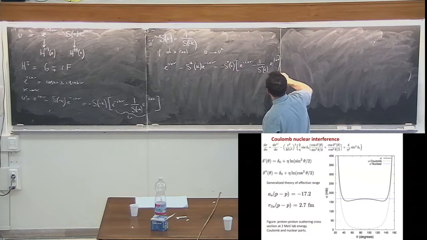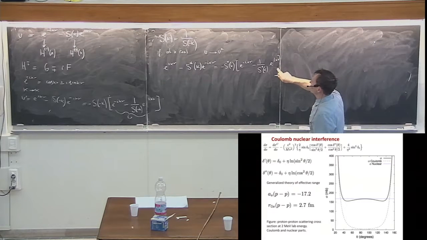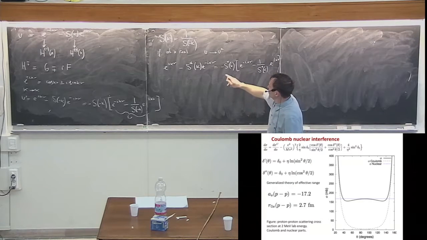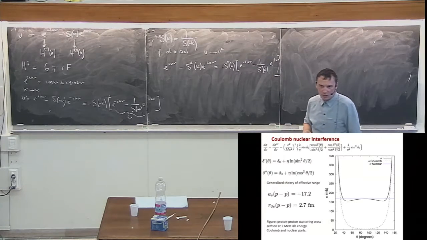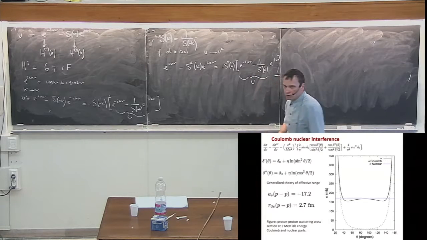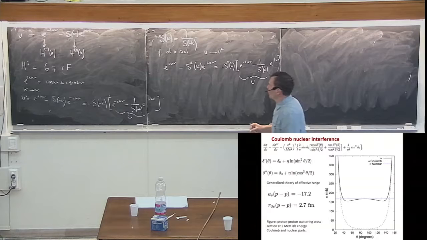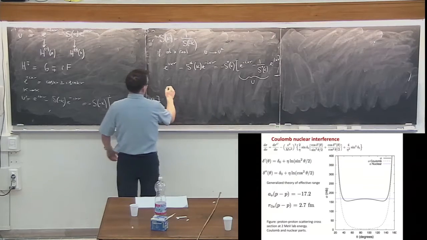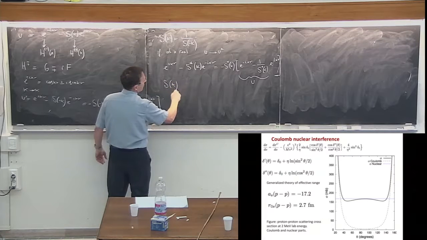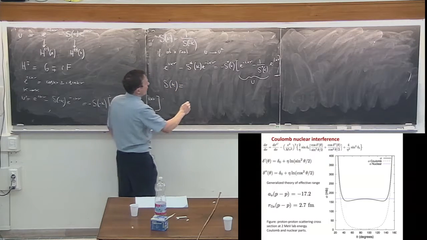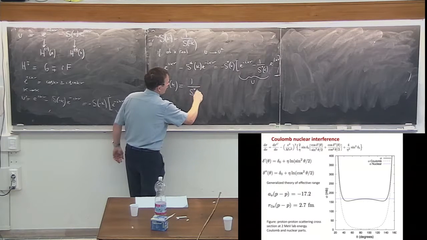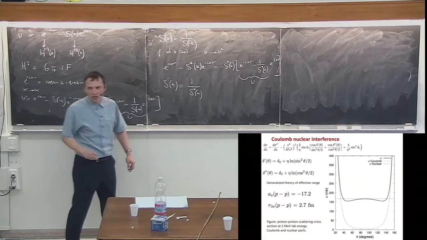And this is this. Okay, so this is my new complex conjugated function, but again it has to be the same. So again, this term is the same as my u. So what I will then learn is that on the real axis, S of k equals 1 over S star of k. But this is only if k is real.